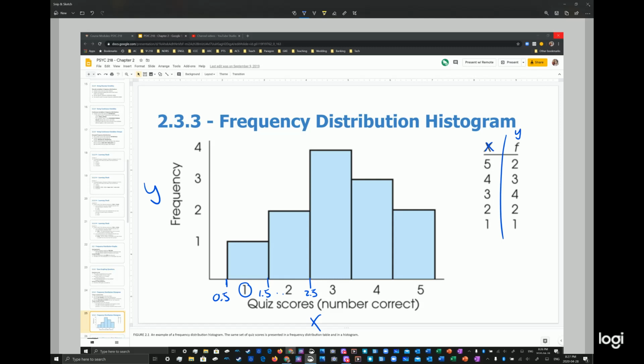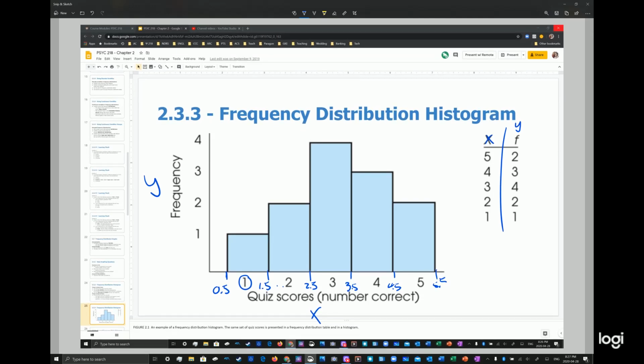For 3 it will be 2.5 to 3.5. 4 would have, let me draw in the point here, 3.5 and 4.5. And 5 would have 4.5 to 5.5. So the bars are touching. And that's something that would help you tell the difference right away between a histogram and a bar chart. The histogram has the bars touching because you're working with a continuous variable with real limits.